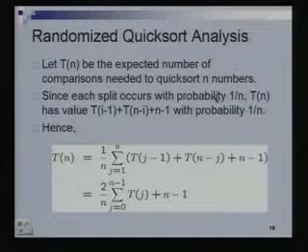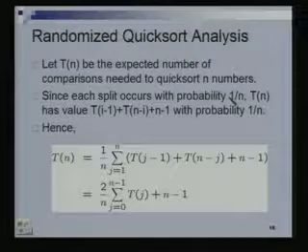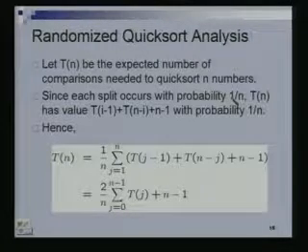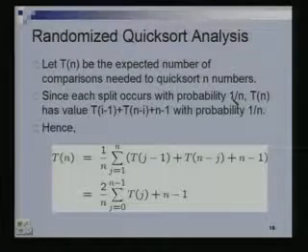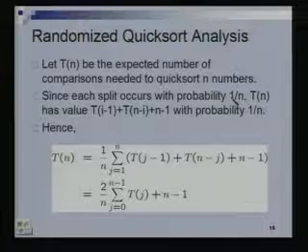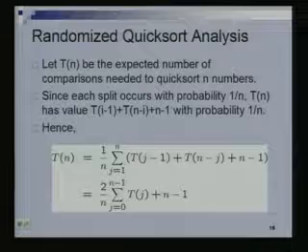Now let's recall what quicksort does. Quicksort first partitions. If it has to partition n numbers, no matter what the pivot is, it's always going to require the same number of comparisons. It's always going to require no more than n minus 1 comparisons, right?